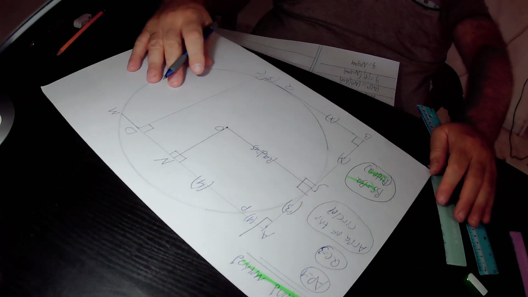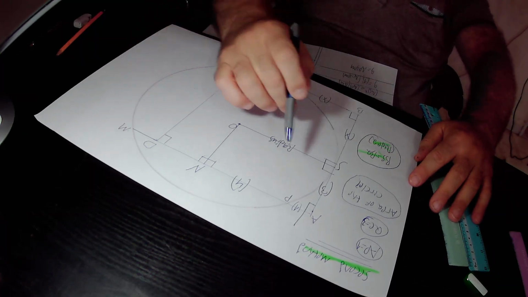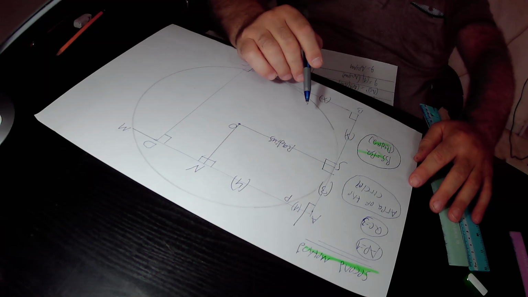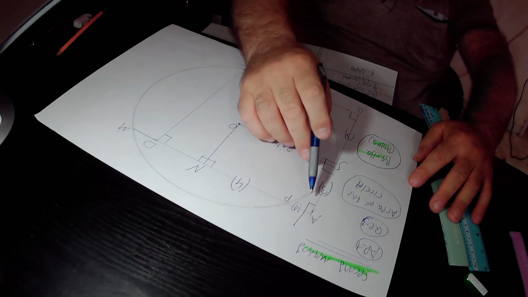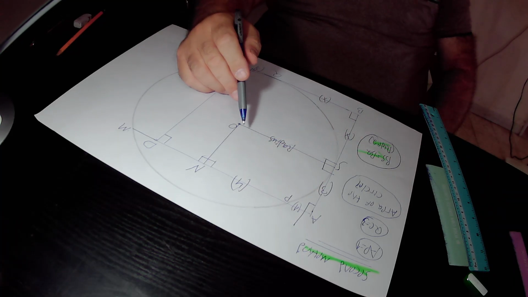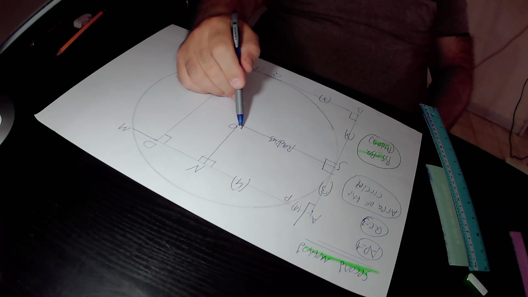So by doing this construction, we get quadrilateral ANOS. Inside quadrilateral ANOS, we have 3 right angles. The sum of 3 right angles is 270 degrees. So 270 degrees plus this fourth interior angle must equal 360 degrees, according to the rule that the sum of the angles in any quadrilateral is 360 degrees.